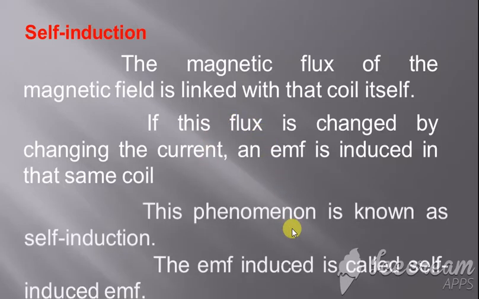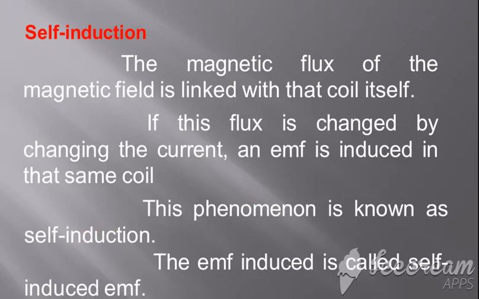EMF is induced, and this phenomenon is called self induction, and the EMF is called an induced EMF. Because of the change in the flux, an EMF is also induced in the same coil. That phenomenon is called self induction, and the EMF induced is called the self induced EMF.